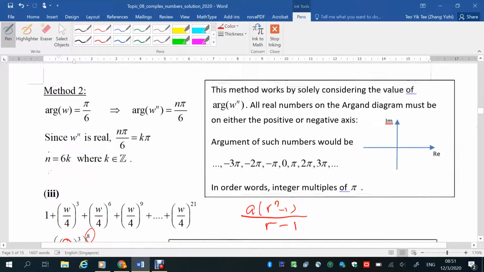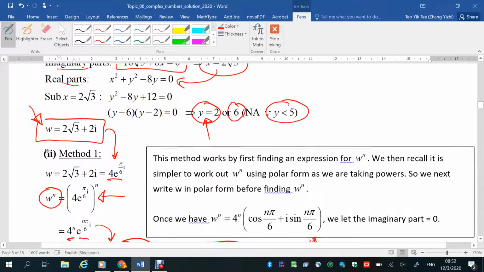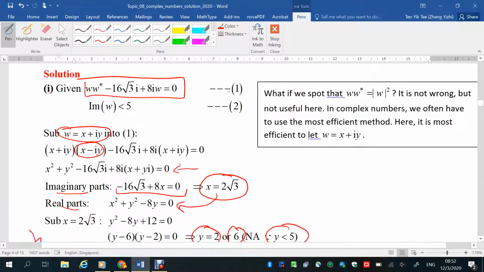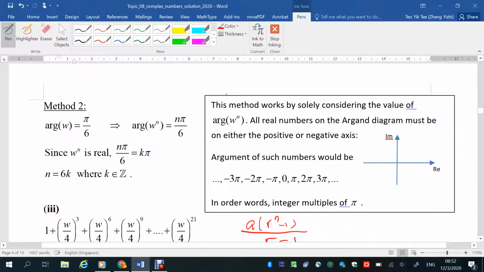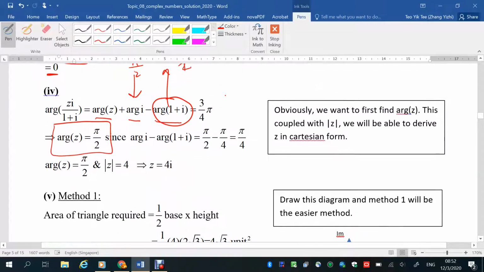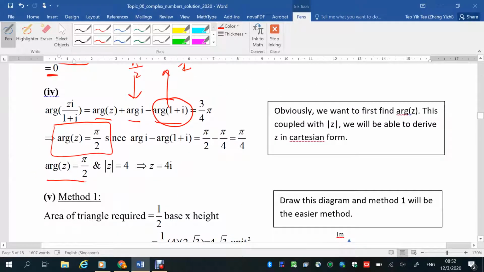Then, going back to the question, they already tell you the modulus of z is 4. You have found the argument of z, so you have all the criteria necessary to write down your complex number. Since arg z is π/2 and modulus of z equals 4, your complex number is 4e^(iπ/2), which simplifies to 4i straight away.